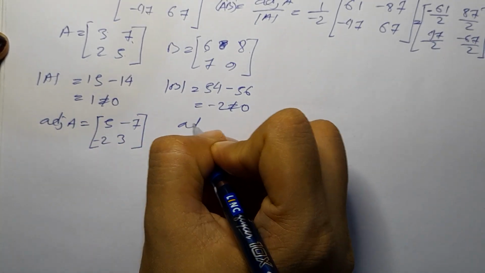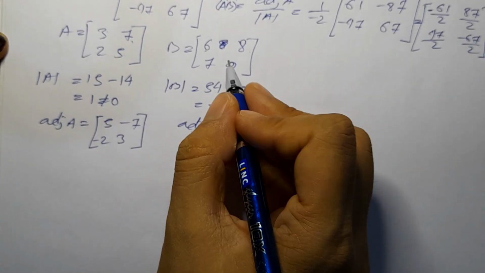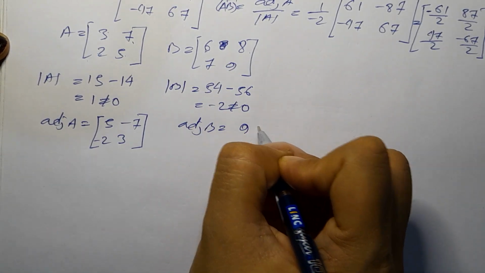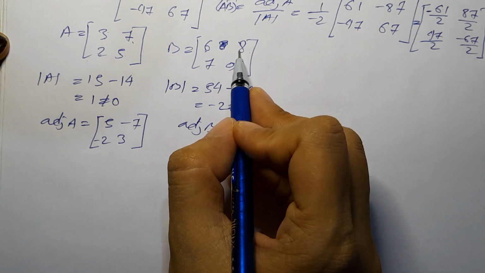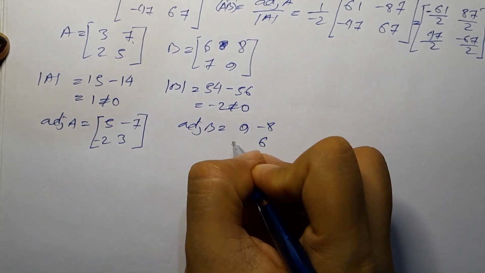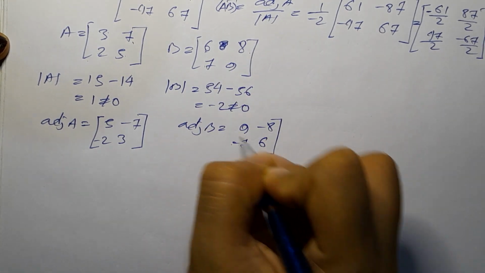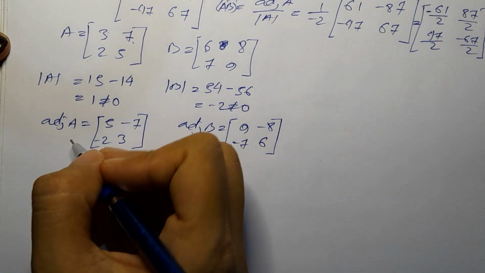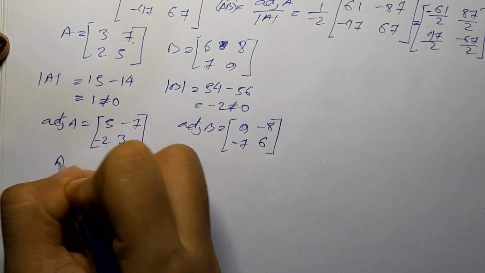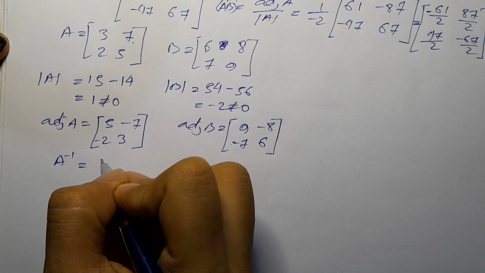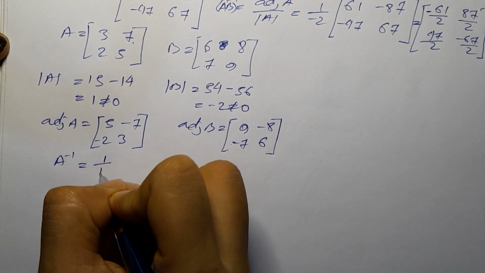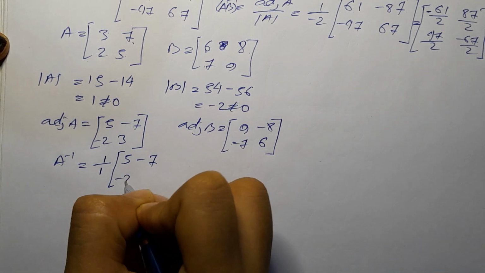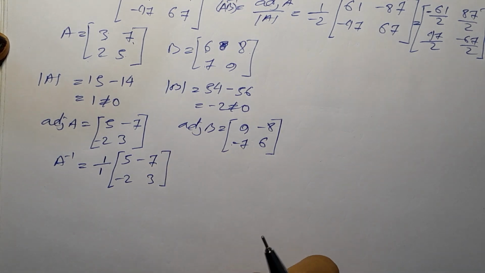Now the adjoint of B: interchange these two, 9, 6, and give the negative sign, minus 8 and minus 7. So this is the adjoint. Now I need the inverse. A inverse is equal to 1 by the determinant, so 1 divided by 1, times the adjoint of A, 5, minus 7, minus 2, 3. Divided by 1, it remains the same.